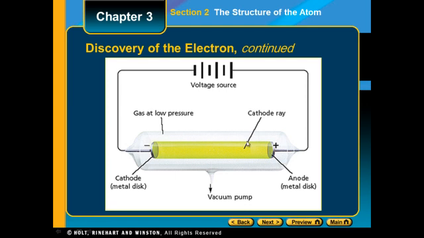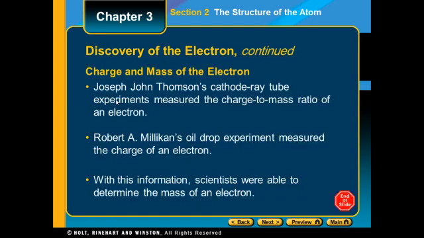This suggests that the cathode rays are composed of negatively charged particles that are called electrons. That's how the two have the same charge, negative and negative, so they will be deflected. The scientist called Robert Millikan, in the oil drop experiment, measured the charge of an electron.